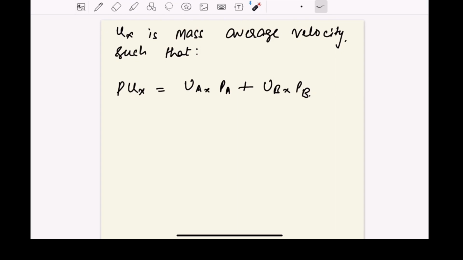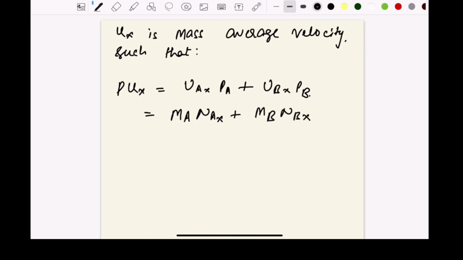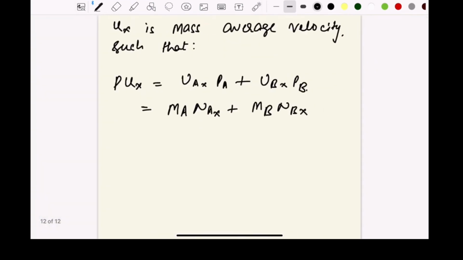Now, we can also write this as equal to MA NAx plus MB NBx. Give this as equation number 13.